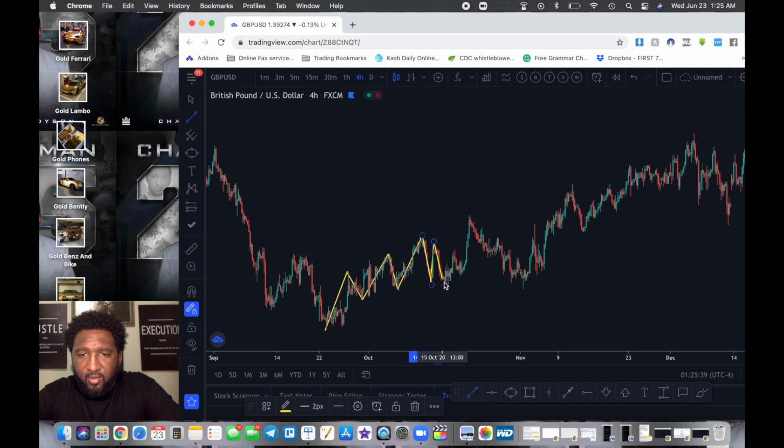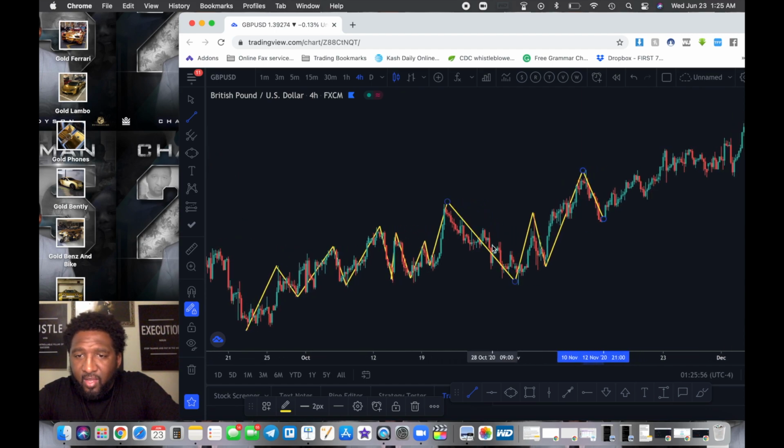Up, down, up, down, up, down. So it didn't just move in a straight line. The market was going back and forth overall, right? And it wasn't even moving straight like that. It didn't go straight down.